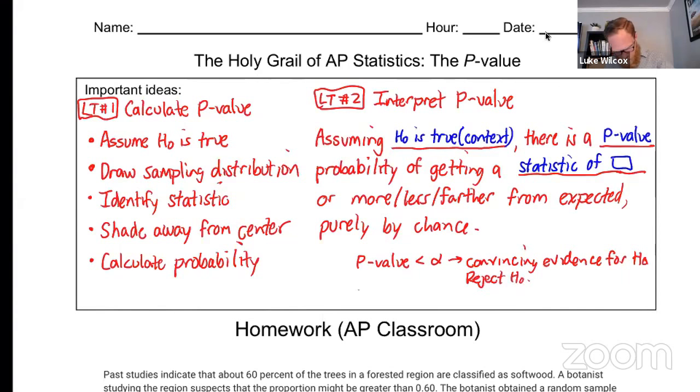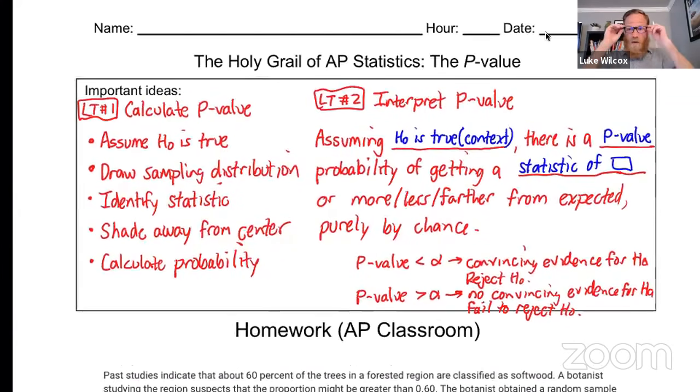If on the other hand, your p-value is greater than the alpha level, then we do not have convincing evidence for the alternative. And in this case, instead of rejecting the null hypothesis, we would fail to reject the null hypothesis.